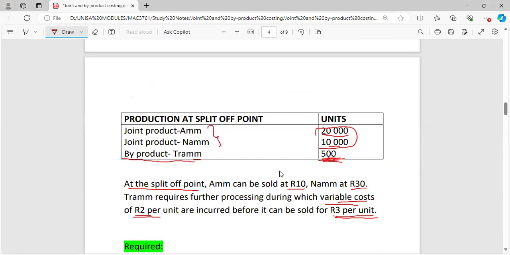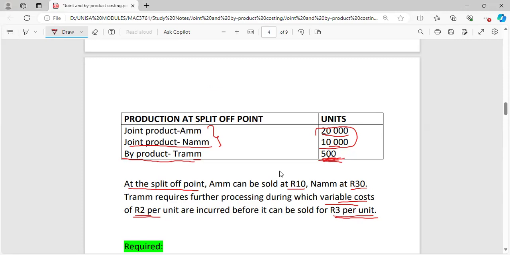Remember, we say a byproduct is not going to be allocated joint cost. So we have these two joint products, and we allocate using the physical measure, the output, which is 20 and 10.